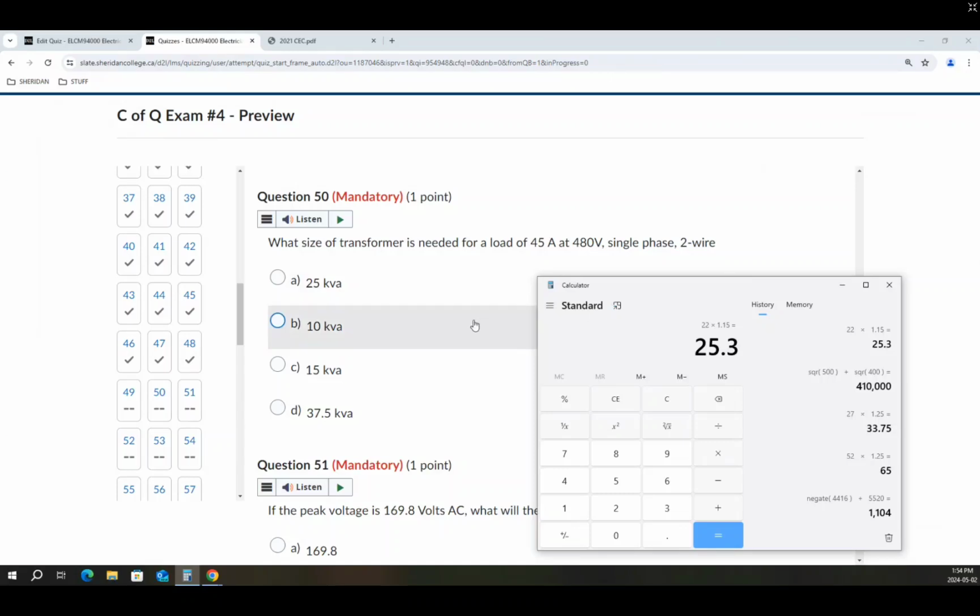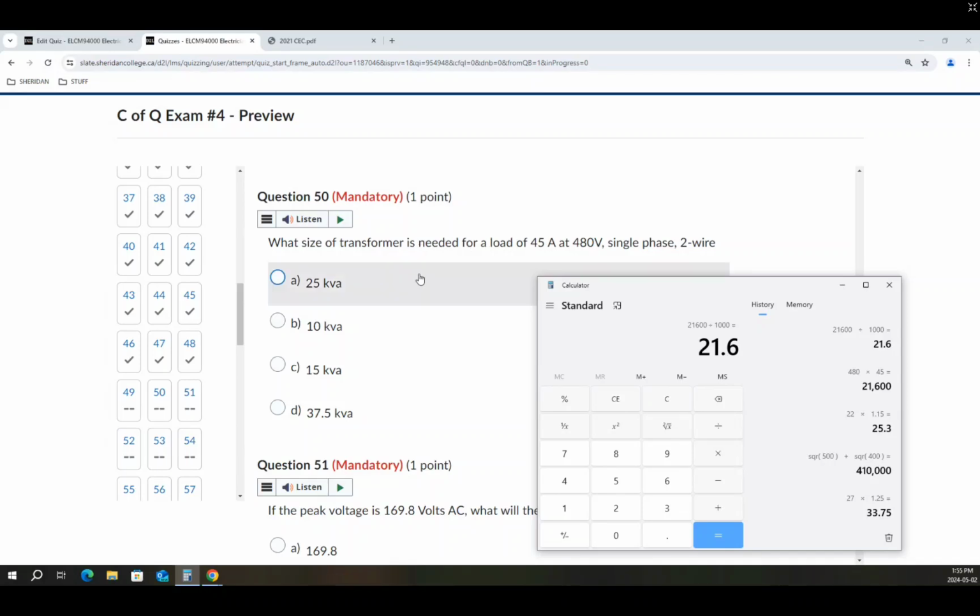So I'm going to go 480 times 45 and then divided by 1,000. 21.6 kVA.